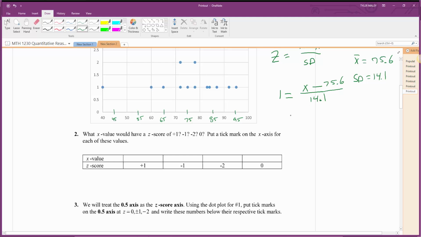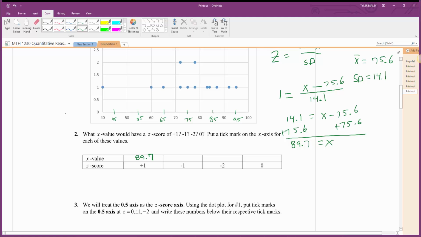If I multiply both sides by 14.1, I would have 14.1 equals x minus 75.6. Then I can add 75.6 to both sides, and I'm left with 89.7 equals x, right? So 89.7 would go here.